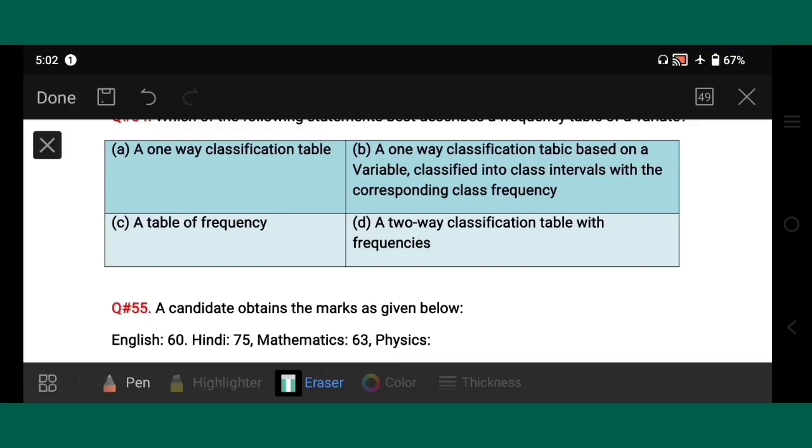Option C, a table of frequency. Option D, a two-way classification table with frequencies. So I think here option B is the correct option, because we are going to construct class intervals or classes with the corresponding class frequencies. So this is the best choice in the given 4 options.